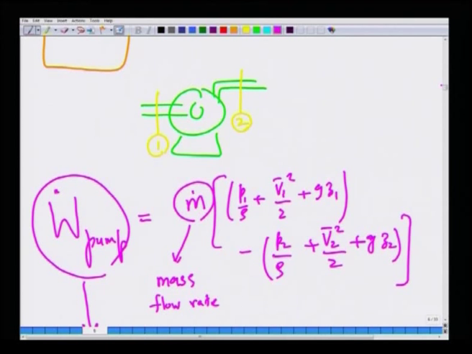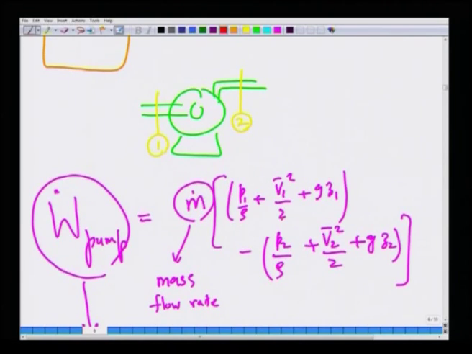Let us simplify this balance. P1 minus P2 is not negligible, because that is the whole point of having a pump. You want to increase the pressure head across the pump, and if the pipes that connect the inlet and outlet of the pump are of the same dimensions, then you can neglect the difference between V1 squared and V2 squared, which are approximately the same.